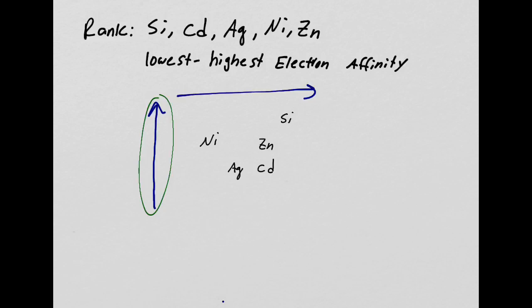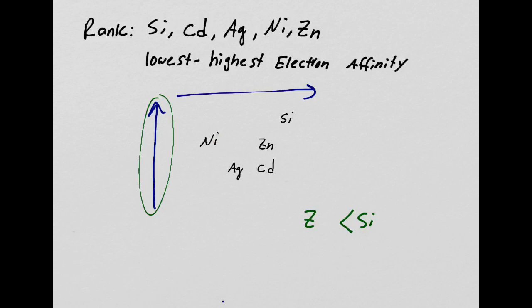Based on this, which one do you think is going to have the highest electron affinity? Silicon over here. Silicon is going to have the highest electron affinity, so I'm going to put Si all the way here. Now what's after that? When you come down here, these two are on the same row. If they're on the same row, which one is going to be higher? Same row, this is the trend, so Zn is going to be higher than nickel.